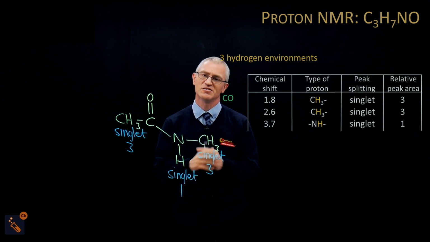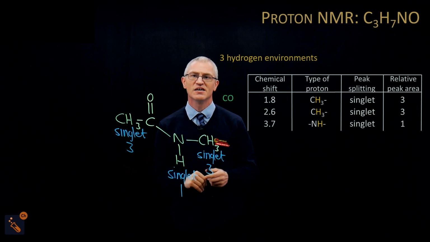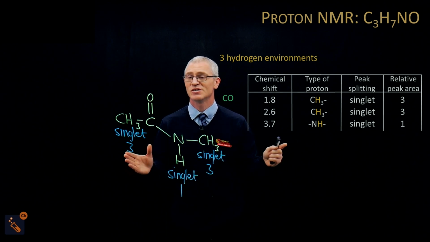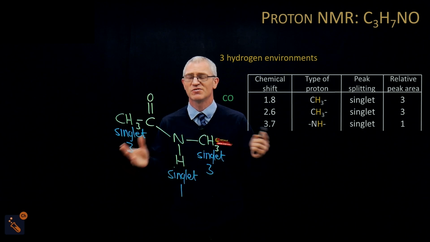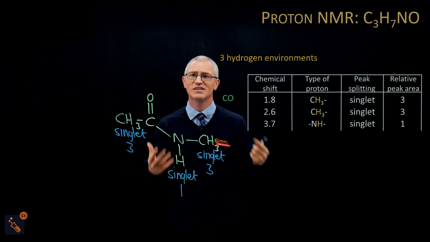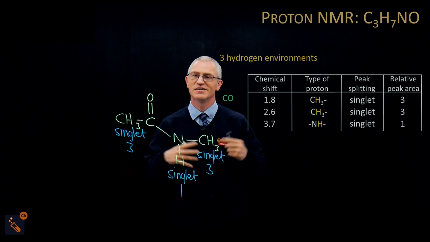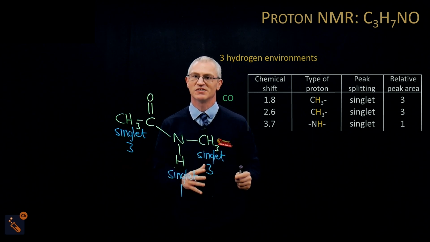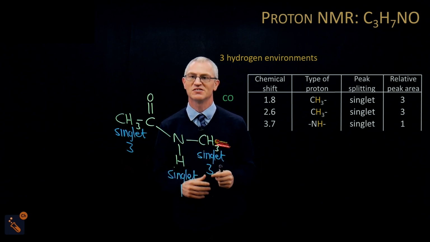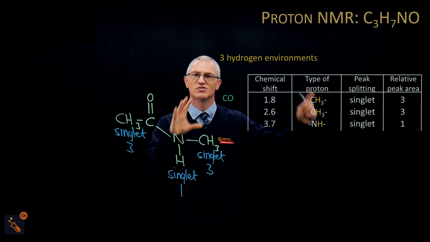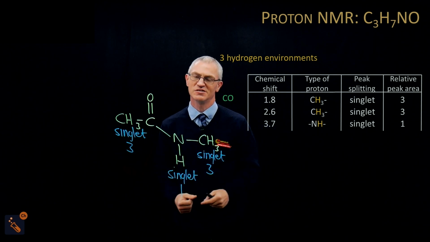Now also it says on the data sheet that this is only a guide, and this is why. If you look here, 1.8 isn't in between 2 to 3. It's roundabout 2 to 3, it's a guide. So the data sheet is a rough guide, it doesn't say exactly where these peaks are going to come out. That's why I don't always use the data sheet when I'm trying to teach people how to do this. I try and do it without the data sheet and then confirm with the data sheet if needs be.